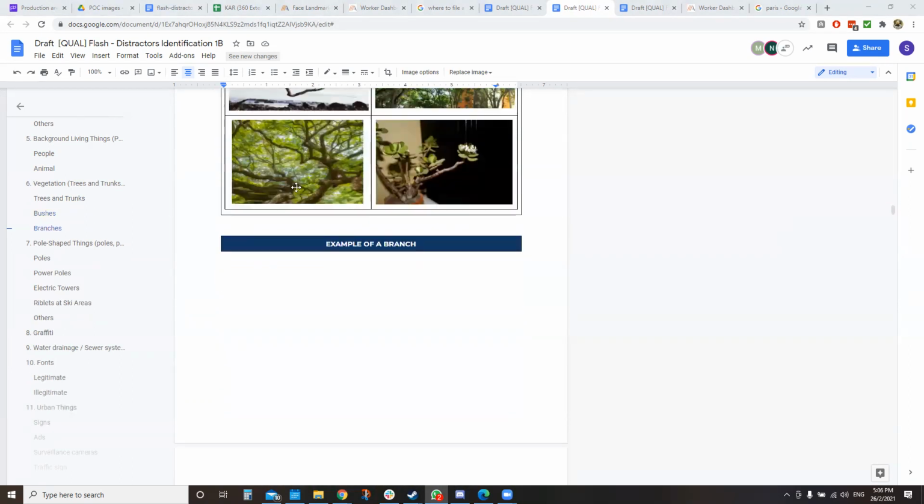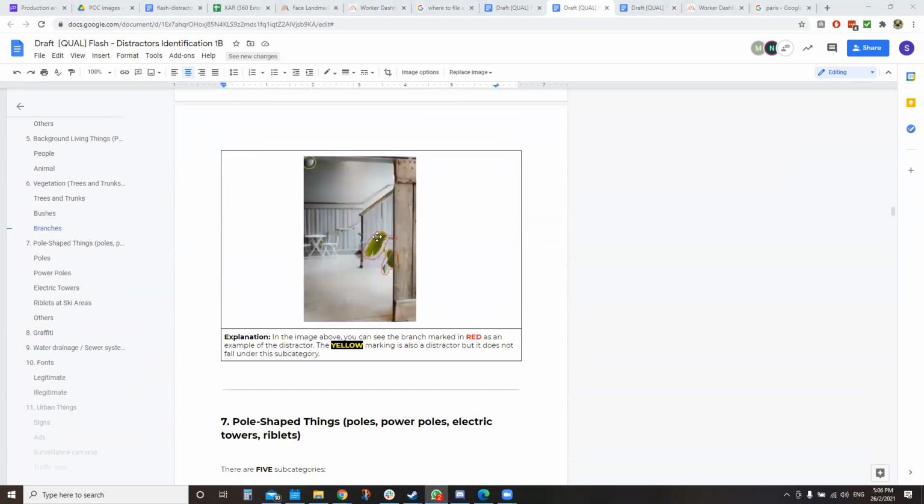Branches. Okay, so again, see distractors.